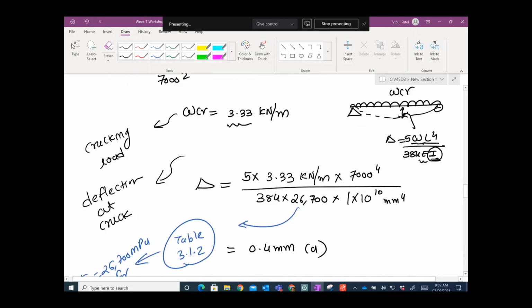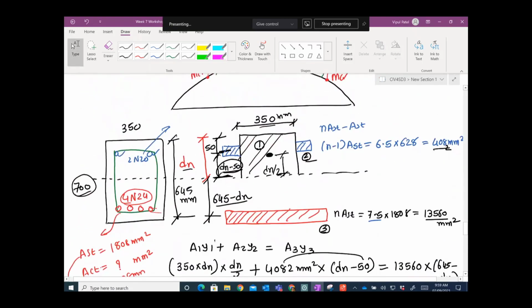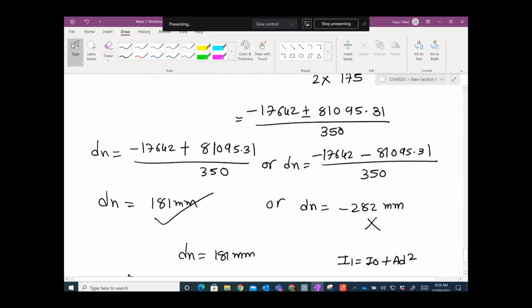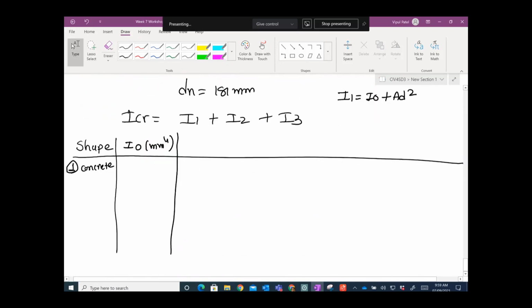So basically you have this block, you have this 350, dn is 181, so you have 350 times 181 cubed over 12, so you get some big numbers there. 350 times 181 cubed over 12, you get 172,950,779.2.